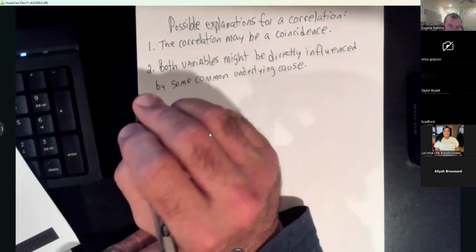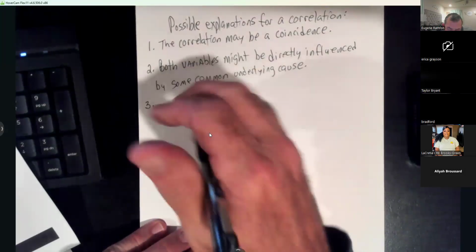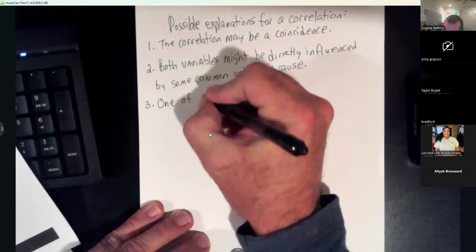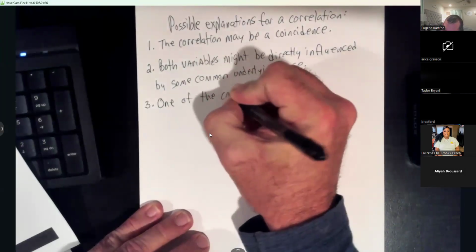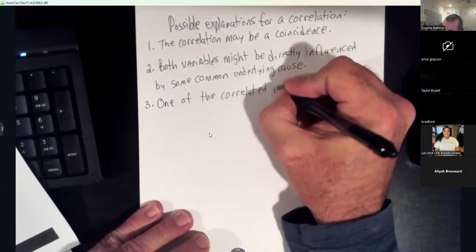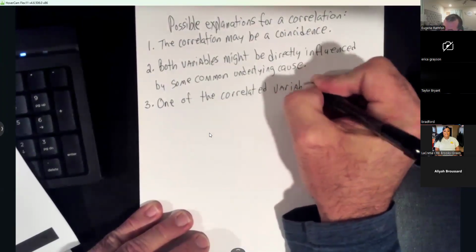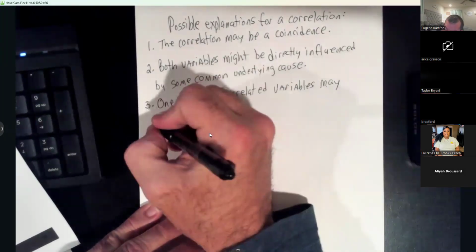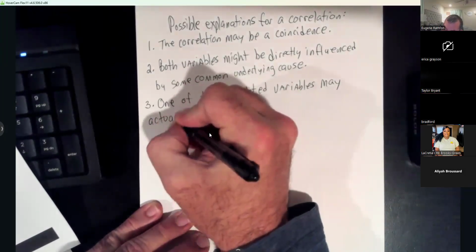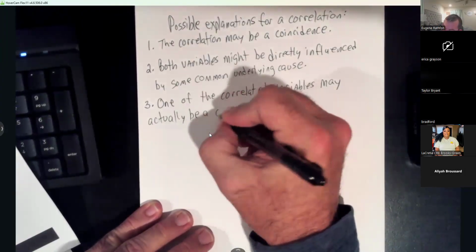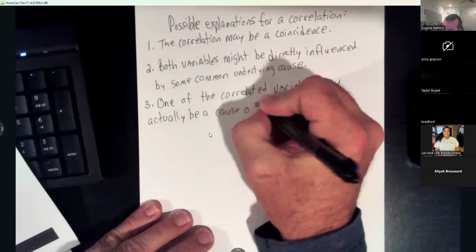All right. Third possible explanation. One of the correlated variables may actually be a cause of the other.